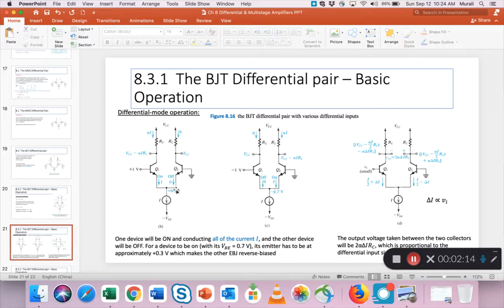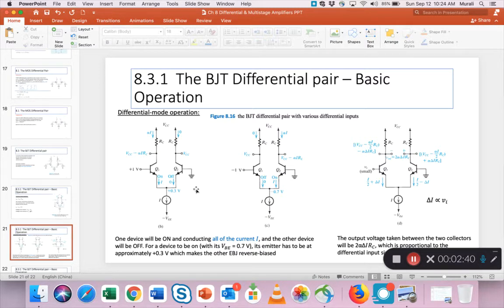So once you apply 0.3 volts here, the other immediately goes into reverse cutoff because this junction, the base to emitter junction, and remember the base is already grounded, so the base to emitter junction has become reverse biased.